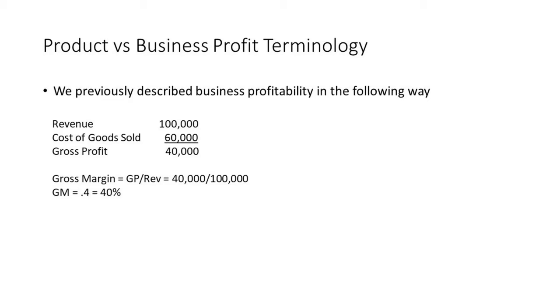And a metric that we can use is gross margin, which is simply the gross profit divided by the revenue. And in this particular example, we say that the business is generating a gross margin of 40%.